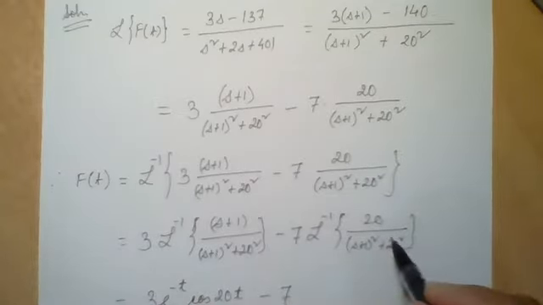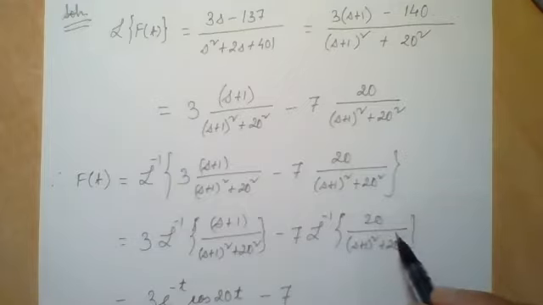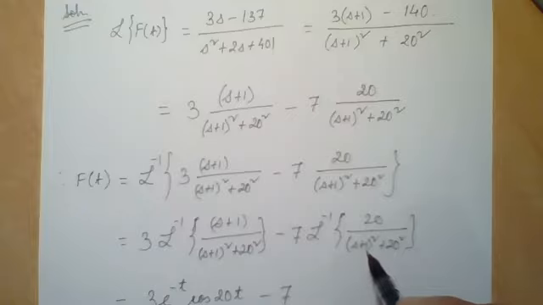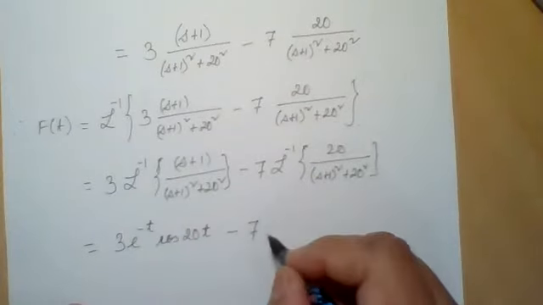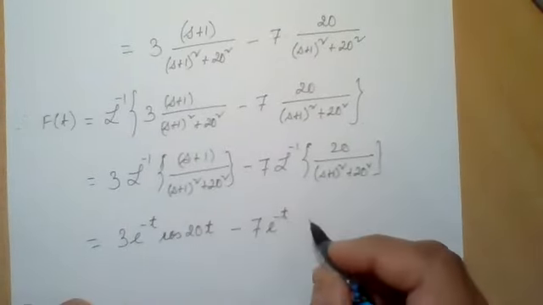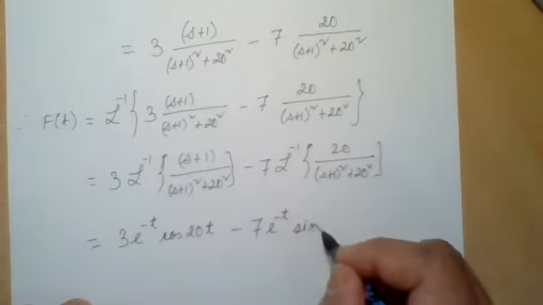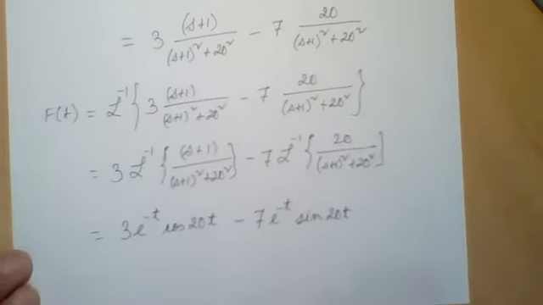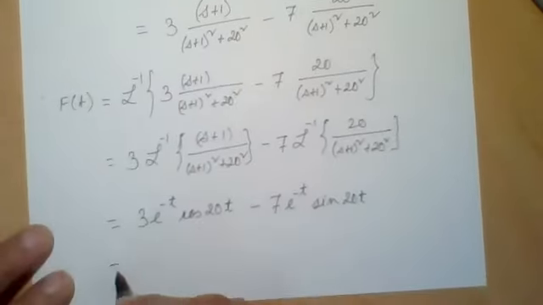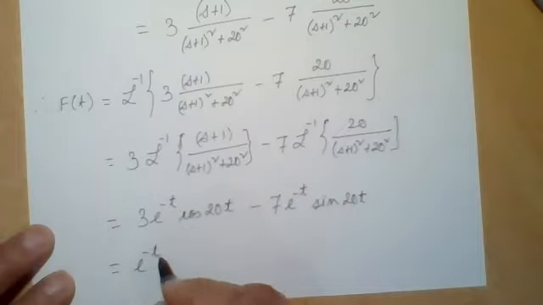This is of the form sine omega t with a shifting by an amount e to the power minus t. So this is 7 times e to the power minus t sine 20t. So from these two terms, I can take e to the power minus t common.